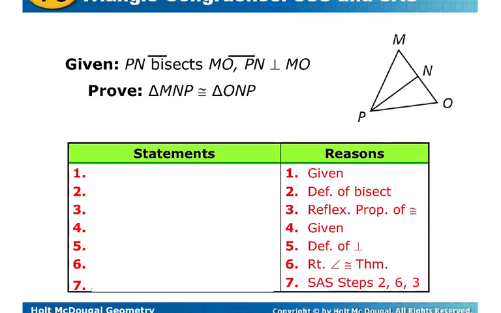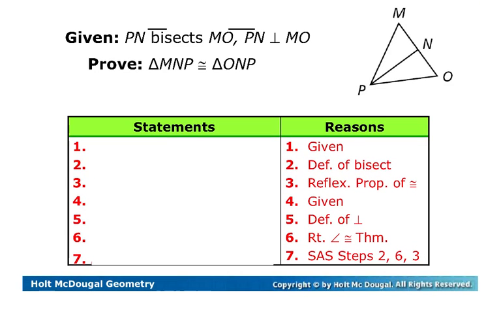Alright, and then our last proof here, again just walking through what they give you, they're telling you that PN bisects MO. I think these are kind of moved over, they're supposed to be over here. Anyway, yay converting documents. So PN here is bisecting MO, so that's different than what we had before, which was an angle. So, by the definition of bisecting, we're probably going to be able to say that MN and NO are congruent.